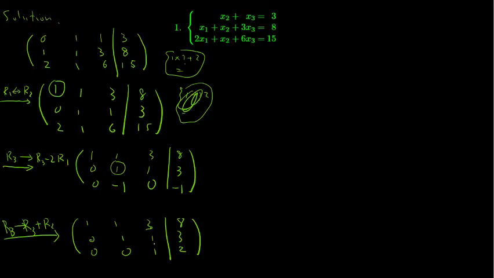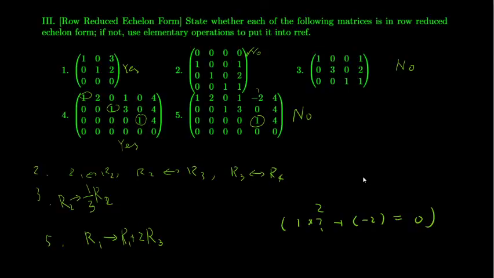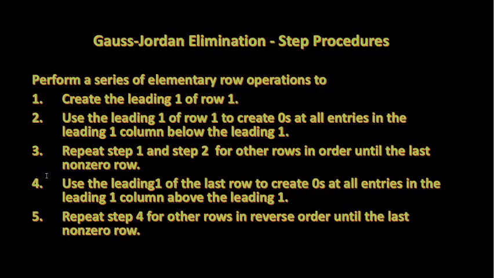The resulting matrix is still not in REF yet. It's not REF. And then we go backward. And by the way, in past years, I used to use a different way. Now I realize there's a simpler way to avoid many mistakes. If you look at the step procedures, we are done step 3.